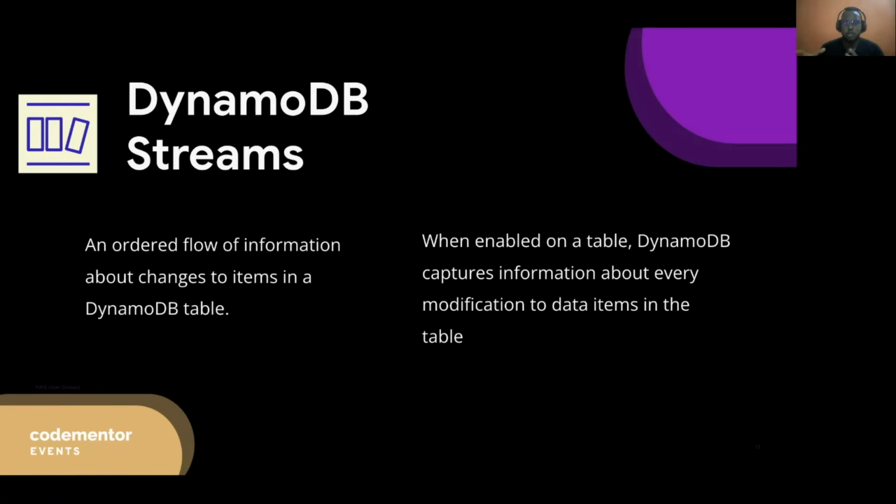So what then is DynamoDB Streams? DynamoDB Streams is an ordered flow of information. It's what they call change data capture, whereby any change that happens in the database is captured in real time. So you have your DynamoDB table. You can then go on to enable streaming so that once there's a change in your database, there is what they call a stream.